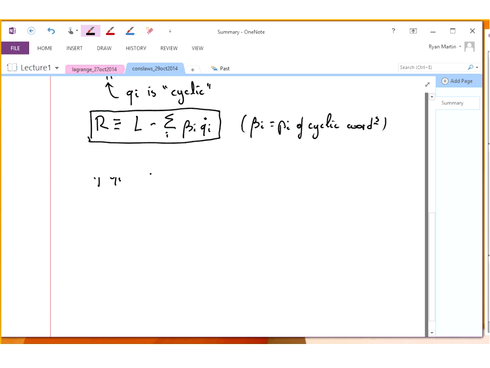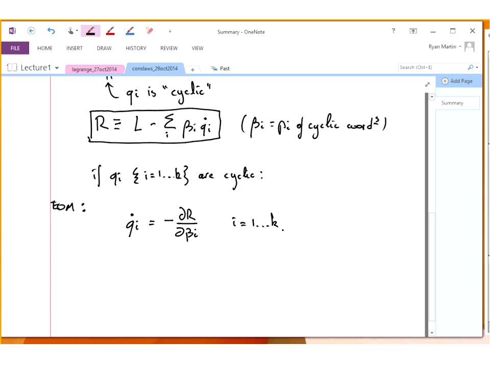So let's say Qi for i equals 1 to k, so the first k coordinates are cyclic. The equations of motion are given by, for the cyclic coordinates, Qi dot equals minus ∂R/∂beta i.